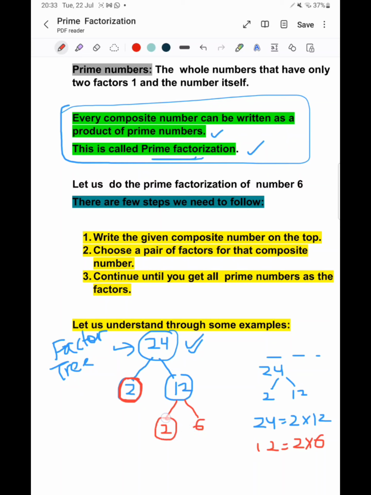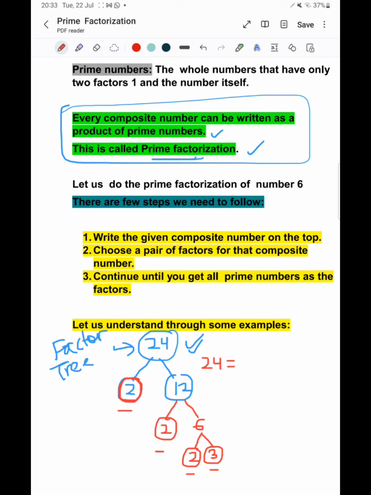Again 2 is a prime number, so I circle it. But 6 is not a prime number, it's a composite number, so I can further split it into two parts: 2 multiplied by 3. Now 2 is a prime number here and 3 is also a prime number here. Once I get all the numbers at the end as prime numbers, I can write 24 as 2, then 2, then 2, and then 3.